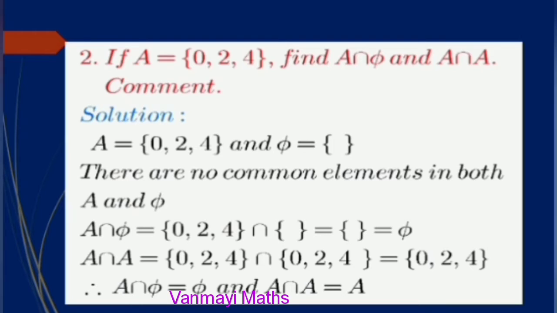In the same way, A intersection A gives us 0, 2, 4 intersection 0, 2, 4, it remains the same set, that is equal to A. So by this we can conclude that A intersection phi is equal to phi, that is the empty set, and A intersection A is equal to A.